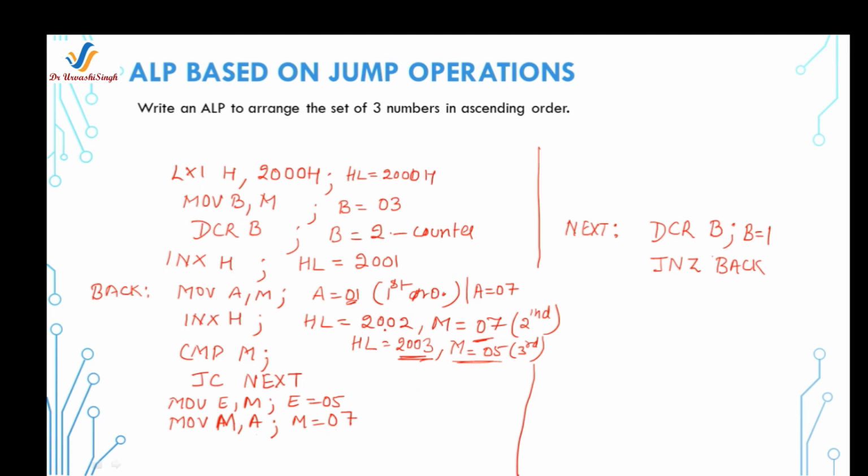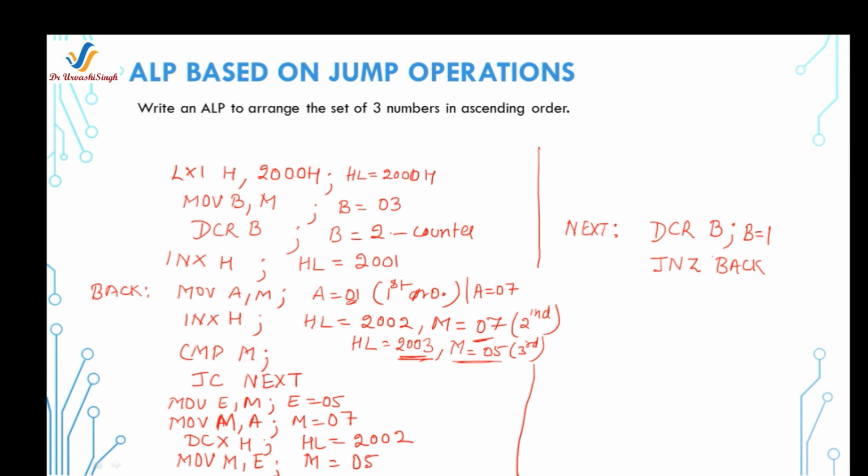the location 2002. For this, once again I will decrease the pointer, and here the HL is now pointing to 2002, and then I will save the register E value into the memory register, and M is now 05.